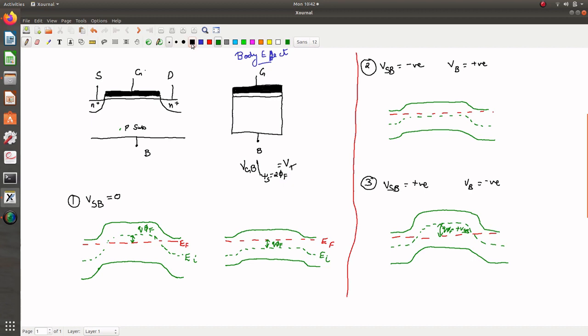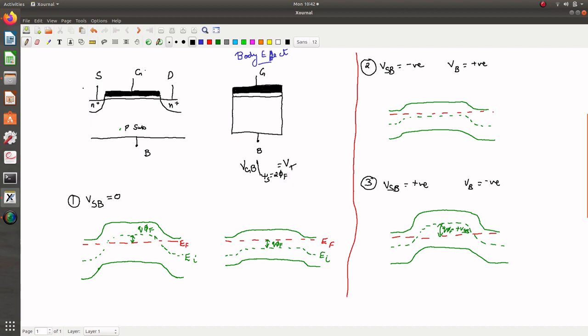In our earlier discussions, we were assuming that the source and the body B are shorted. Now we will see what happens to the action of the MOSFET if they are not shorted.